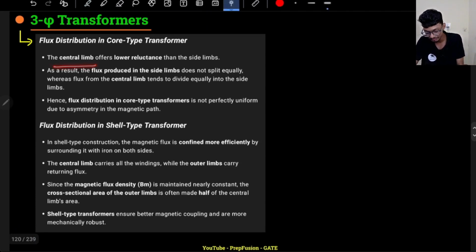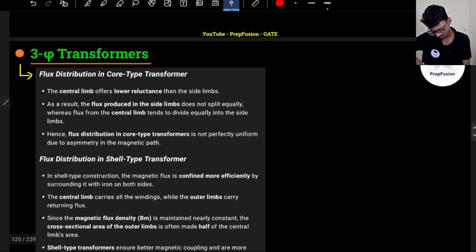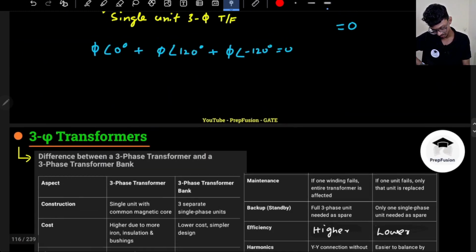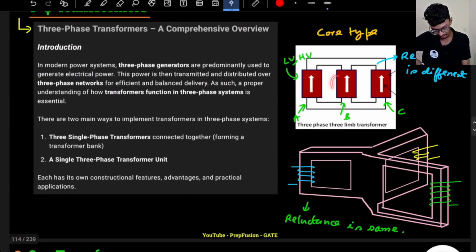The central limb offers lower reluctance than the side limb. As a result, flux produced in the side limbs does not split equally, whereas flux in the central limb divides equally for a core type transformer. So this was the core type transformer. In the central limb, let's say phase B is there.